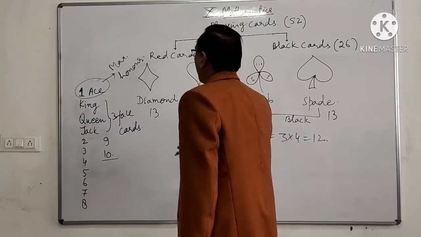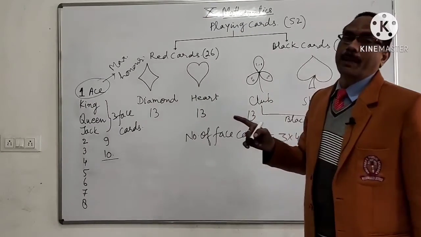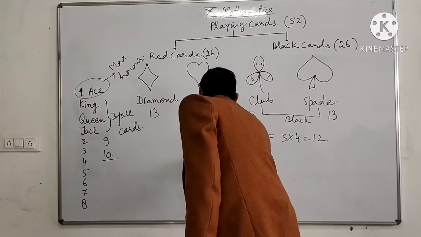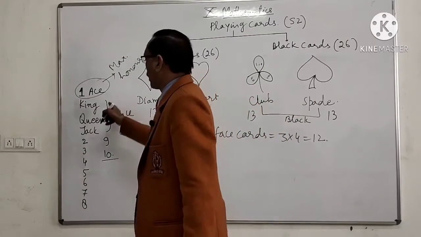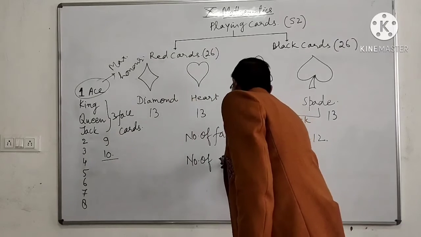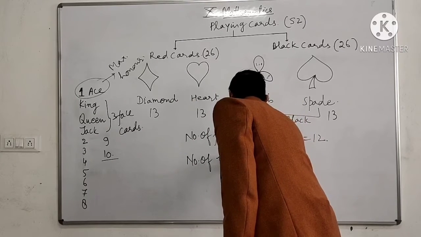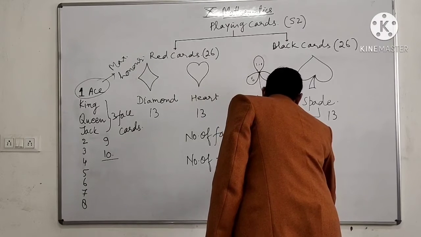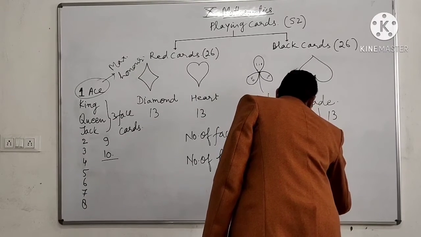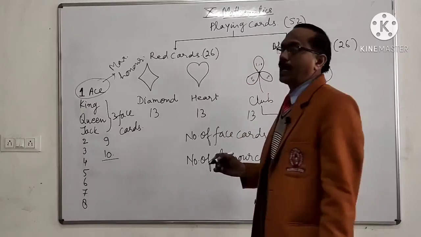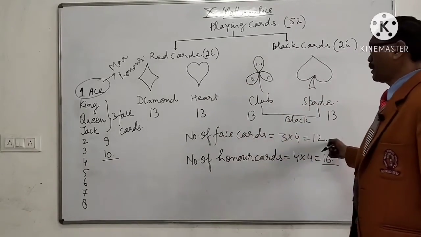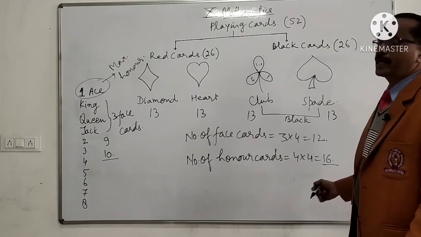So if we talk about the number of honor cards, these also have honors. The number of honor cards is 4 times 4, that is 16. 16 is the number of honor cards, and the number of face cards is 12.